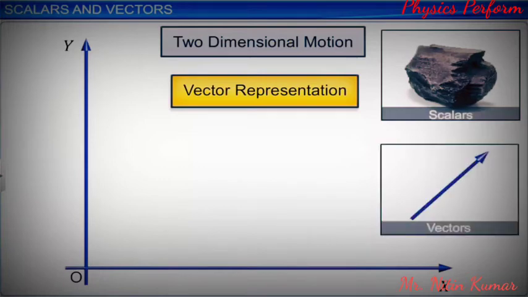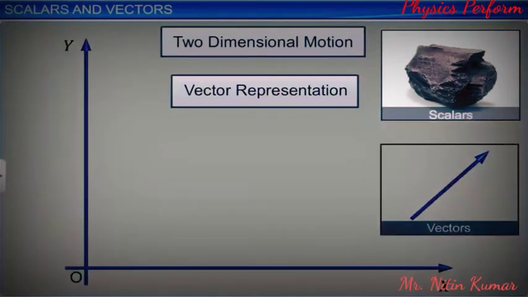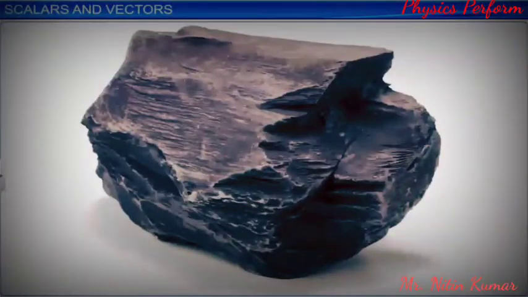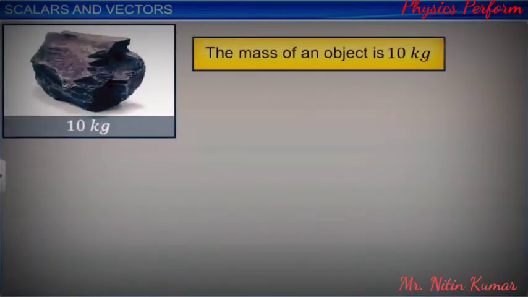Entities described completely with the help of a number, along with its unit, are called scalars. The mass of an object is 10 kg. This description is complete, and you do not need to add to it to identify it. Similarly, the distance between point A and point B is 20 centimeter is a complete description.